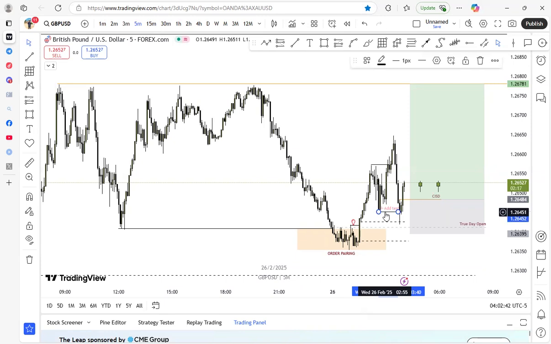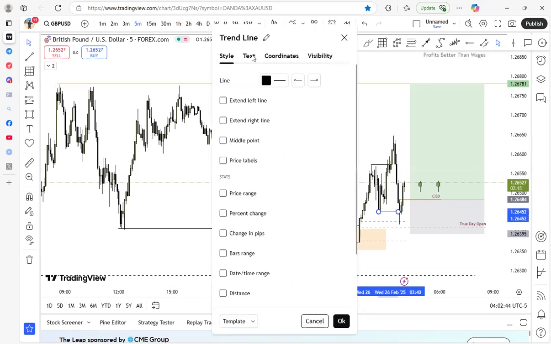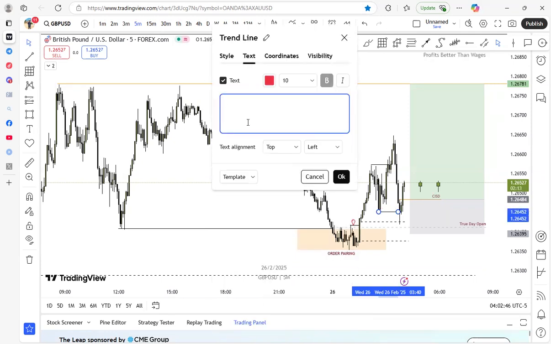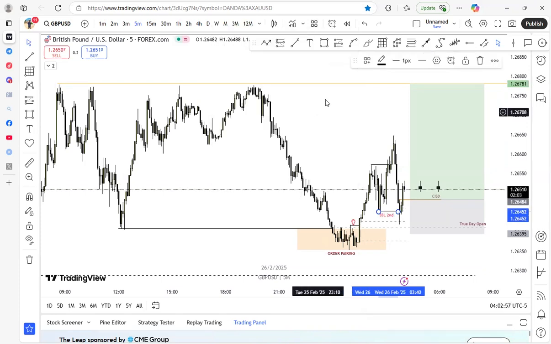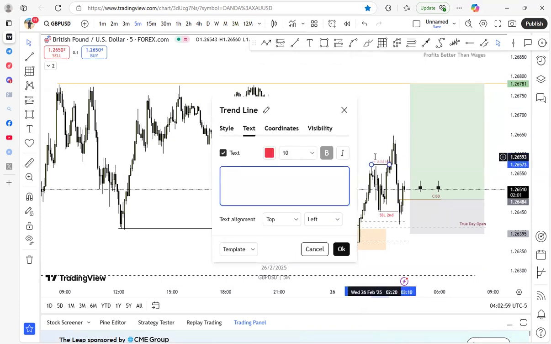Let me annotate. So this is a double page.